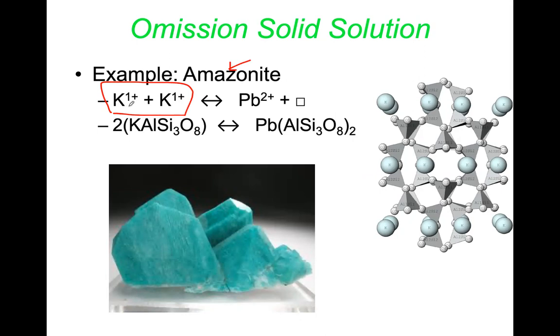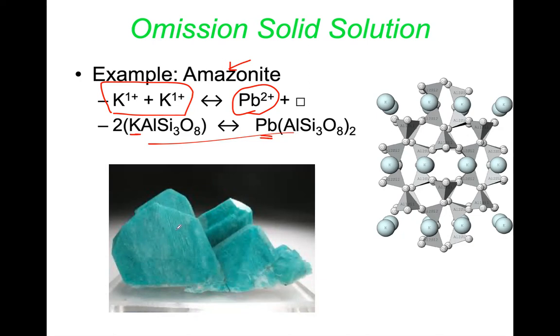Instead of two potassium ions, one large lead divalent cation can come into the solid solution. So it can make a different composition where you don't have potassium any longer. Instead, you have some lead. So Amazonite is a lead-bearing one.